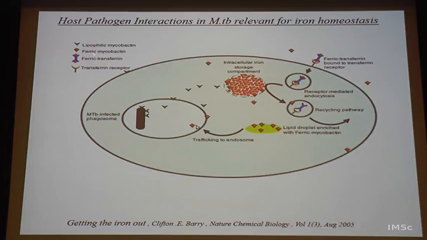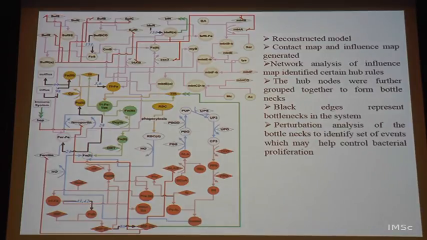And these symbols just tell you the different components: lipophilic mycobactin from the bacteria, and ferric mycobactin, which is bound to the ion then, and you have ferric transferrin and transferrin receptors and so on. So, the model is again somewhat like this: some are bacterial components, some are host components, and some are interactions between the two. In fact, there are very few molecules where an actual interaction was there.